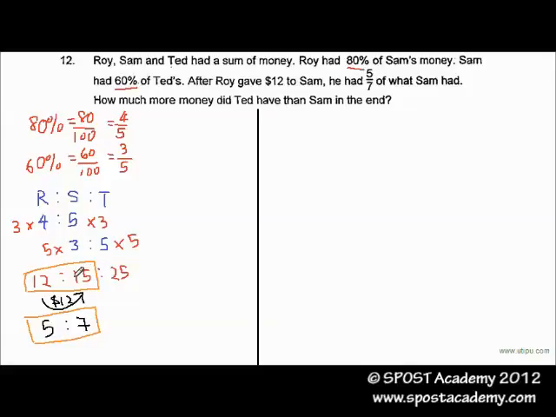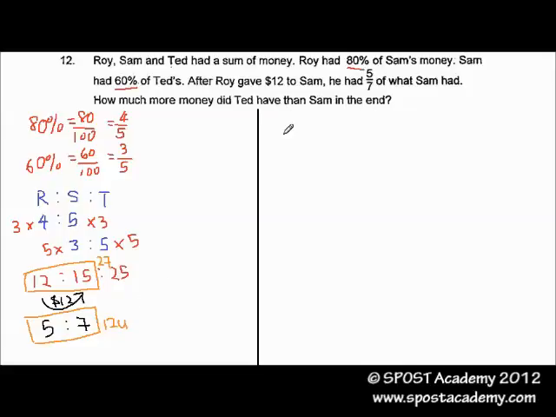However, before the transfer, there's a total of 27 units for both Roy and Sam. After the transfer, it was reduced to only 12 units. But since the money did not flow out or get given to Ted, the 27 units and the 12 units should be equivalent.